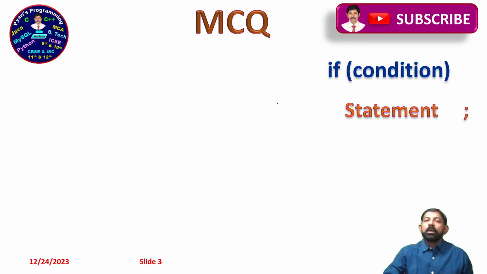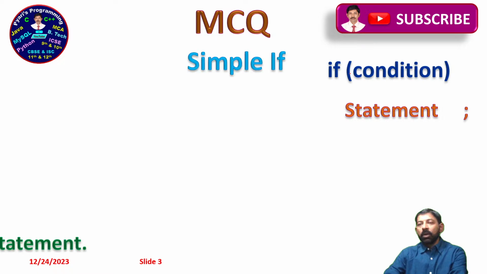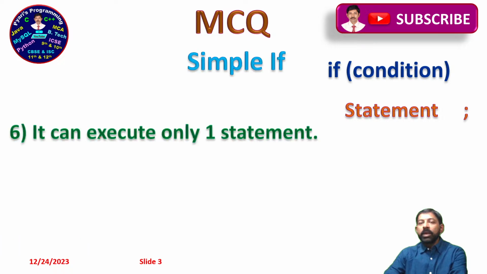So here we are going to get a few more points. Look over here. The if can only execute one statement, that's why I'm saying if statement. But we can also execute more than one statement. How? We have to enclose it within curly brackets.